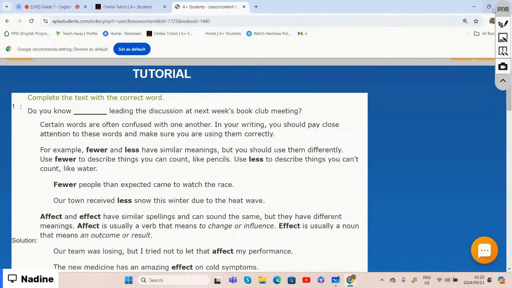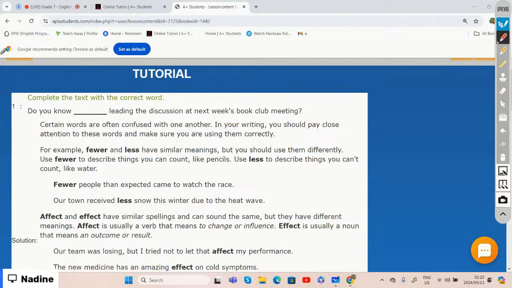All right, so if we look at that sentence, it says, do you know? We need to choose between these ones. Do we say who's or do you say whose? We need to choose the correct one.